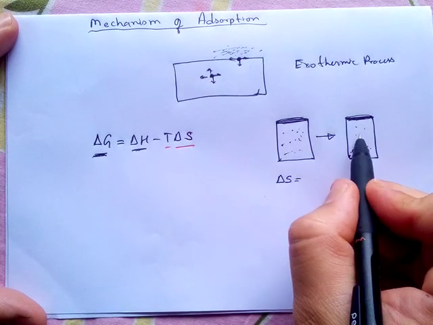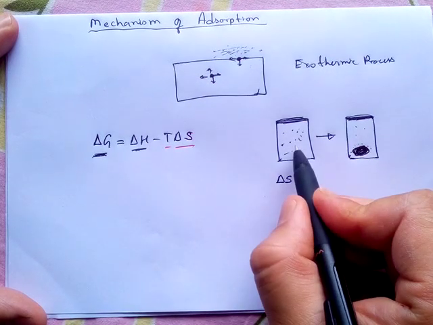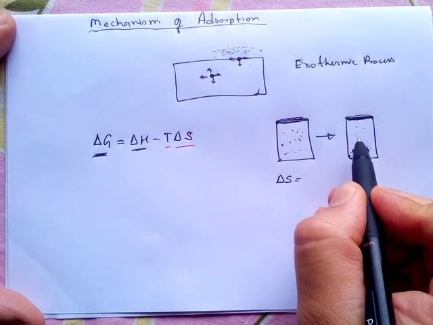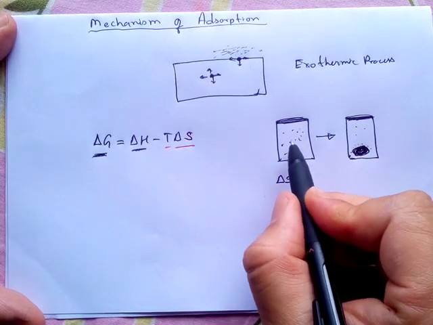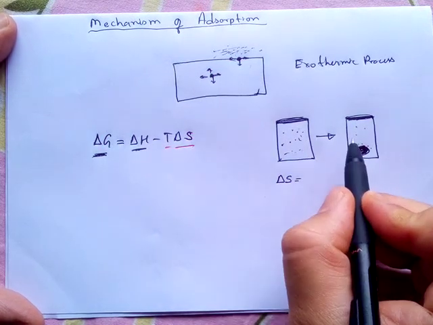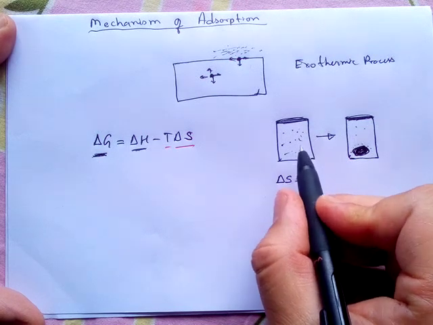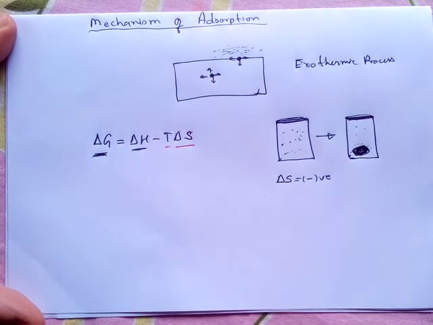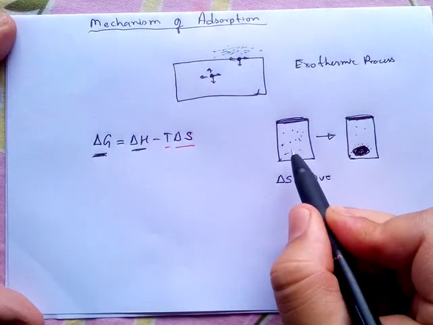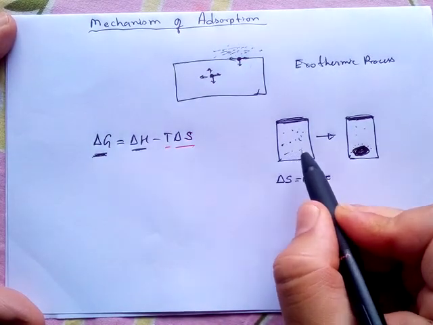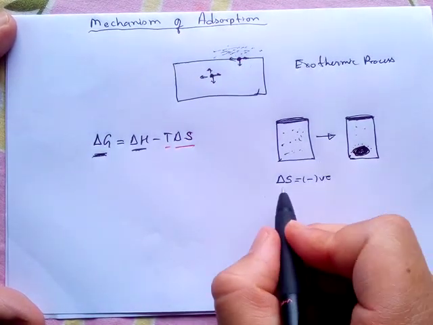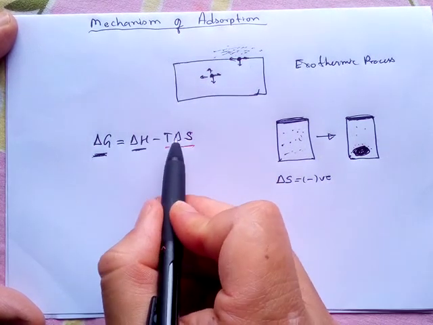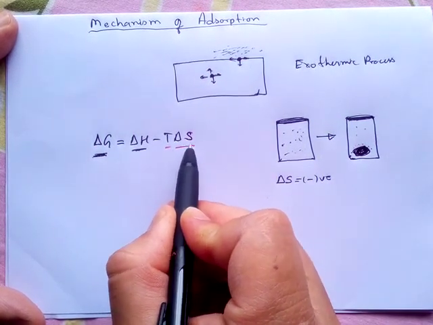Final has a lesser value as compared to initial, since the degree of randomness is lesser in final. Initial has a high value. So lesser minus higher value gives a negative value. Remember, that is final minus initial. So delta S is negative here.